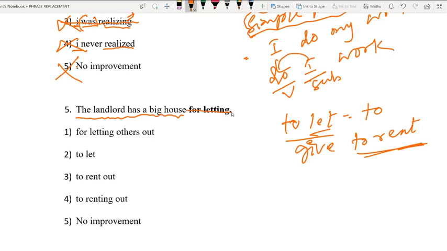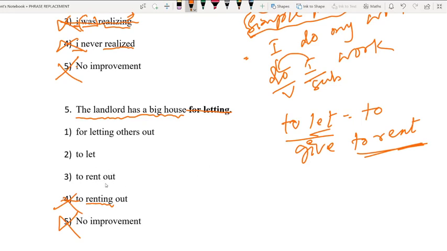This option is grammatically wrong, and hence it is eliminated. "To renting out": you can see to rent, to plus V1 structure is absolutely correct, but "to renting" is grammatically wrong, hence we eliminate this one. Option 3, "to rent out": we don't say that.